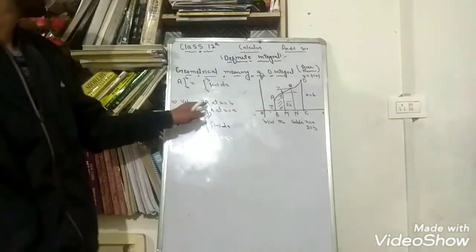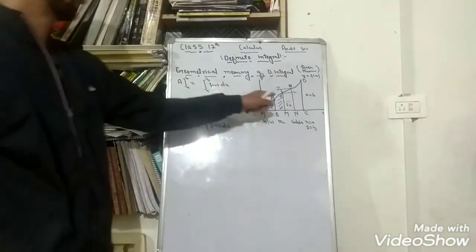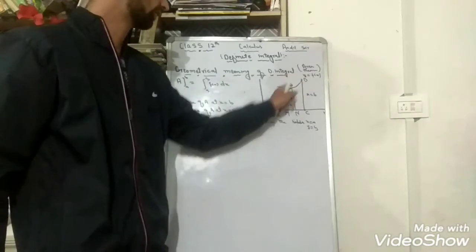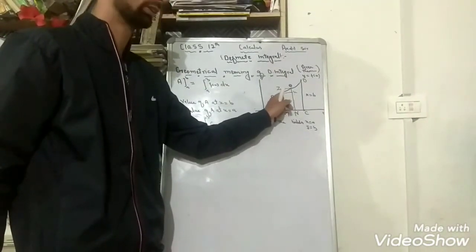What is actually A? A is the area under this curve, from this point a.